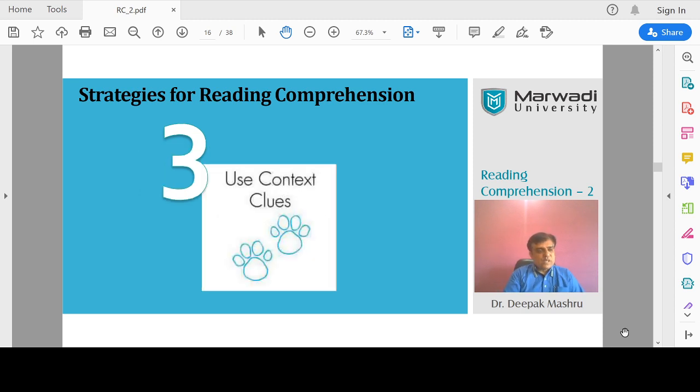Now, strategy number three says that use context clues, right? Context clues means what? So here we need to find out by looking at the connectives.